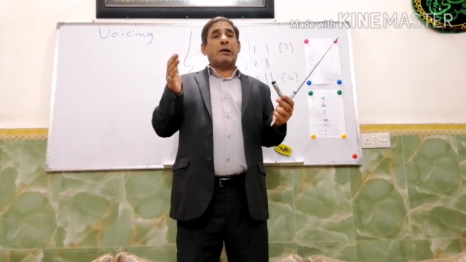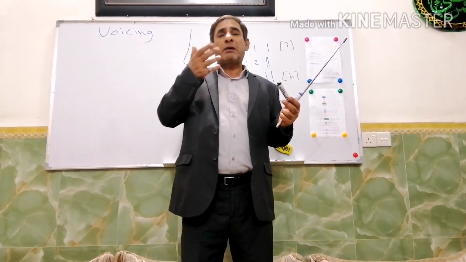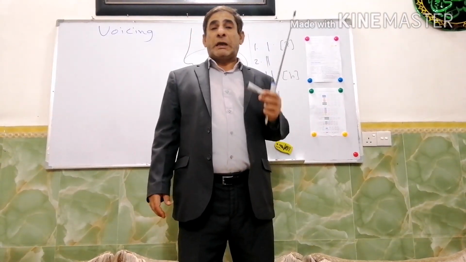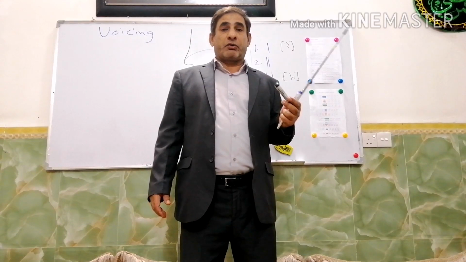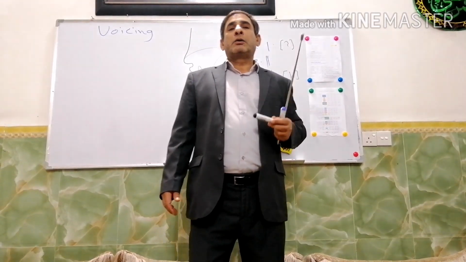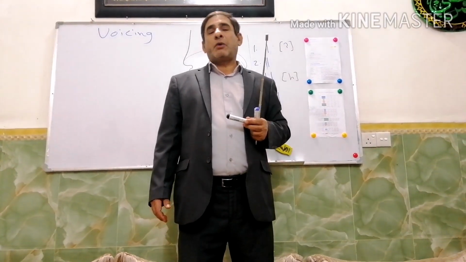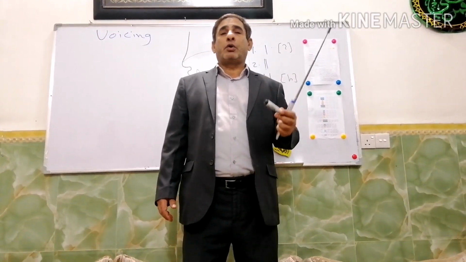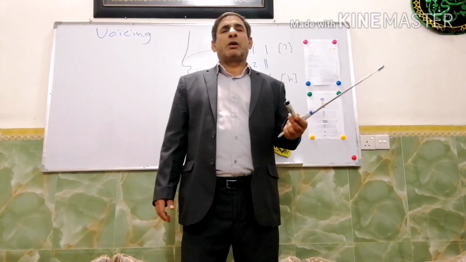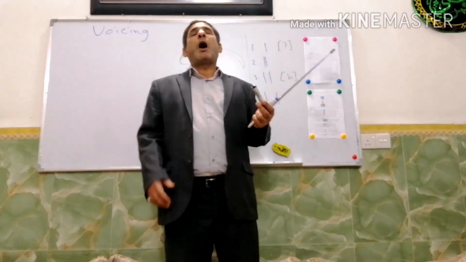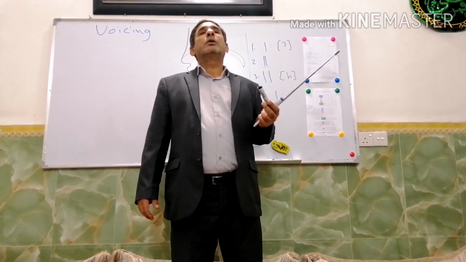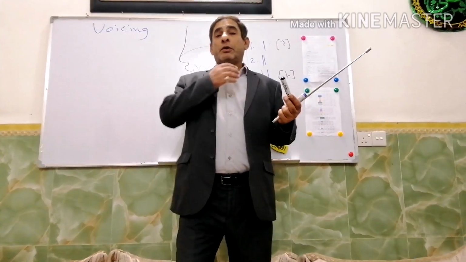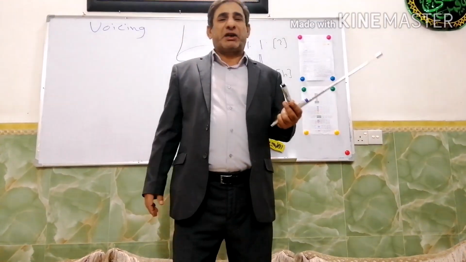Now here, what do we have? We have some rules to depend on. For example, all vowels in English, in fact in general, are voiced sounds. That is, there is vibration in the vocal folds when producing any vowel, for example, a, e, u. There is no need to check here.